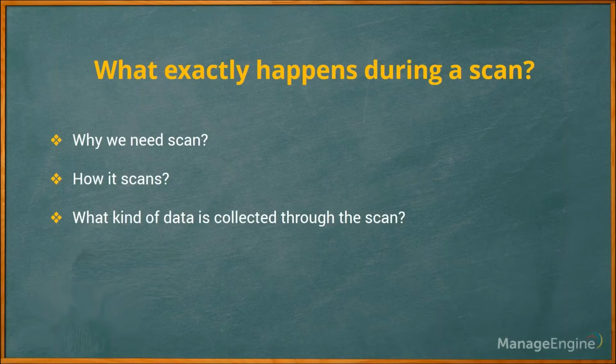We are going to plan accordingly for software: whether we need to install the software, whether it needs to be removed or upgraded, and how many machines have the software. All these activities are done only because of asset management. So asset management needs the scan, and this scan is mandatory in an enterprise.